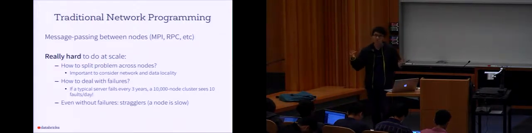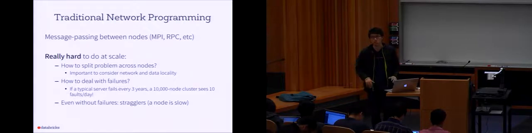So all kinds of things can make a node become slower. When you're dealing with a large number of machines, you're almost always guaranteed to have some node that's slower.